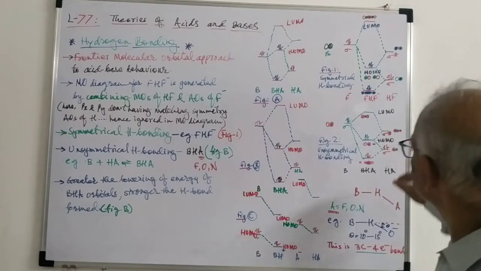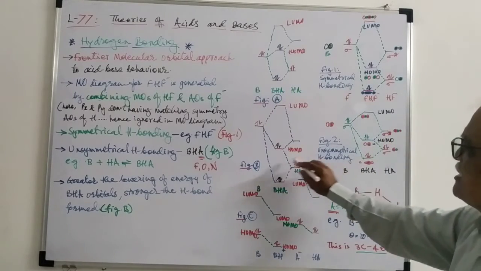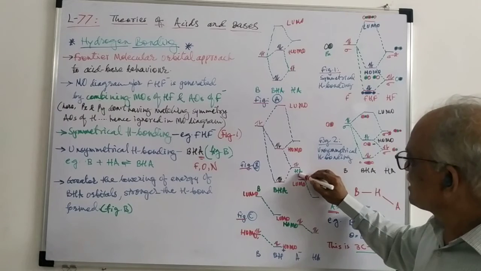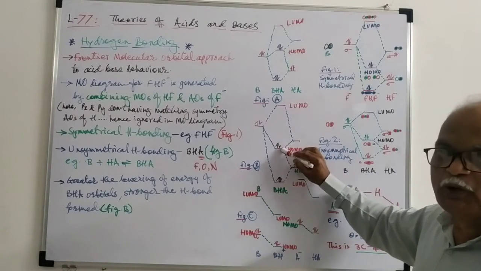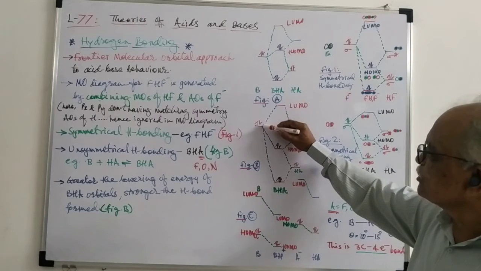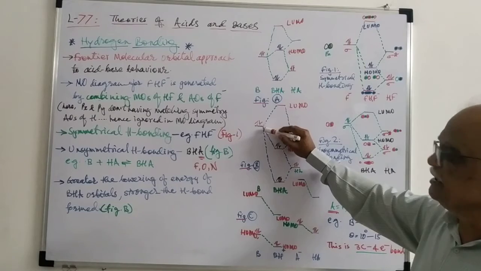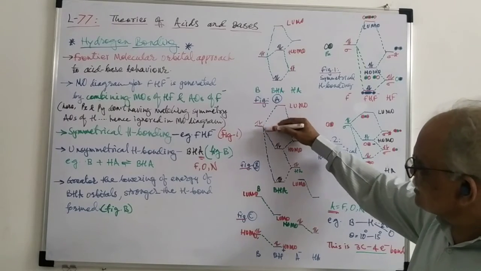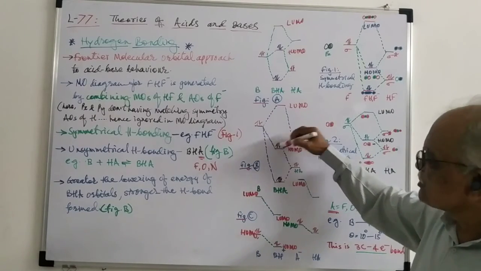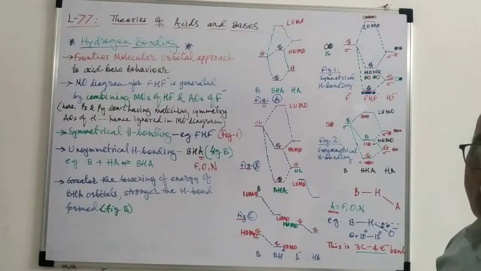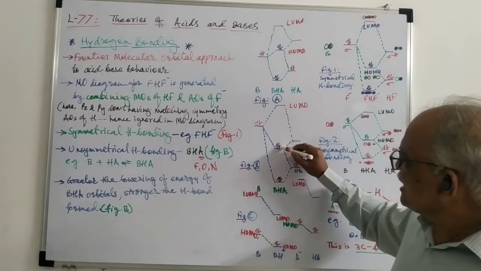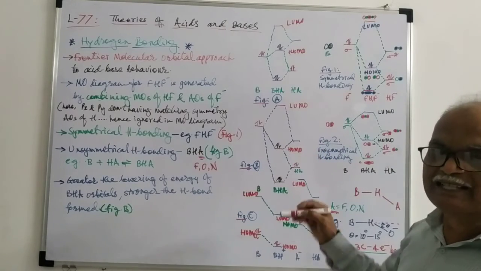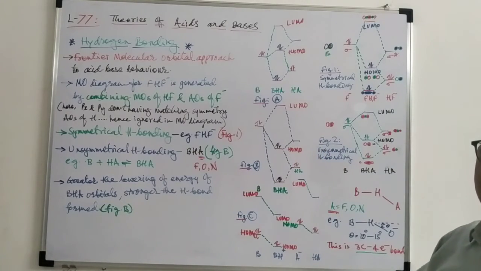So you will find here, you can assume this structure or this structure. So if it is HA, you will find that if these two molecular orbitals are lower comparatively from this energy level, then the greater the difference between these energies, the stronger is the hydrogen bond. Similarly, lowering of this energy and this molecular orbital shows that stronger is the HA bond.